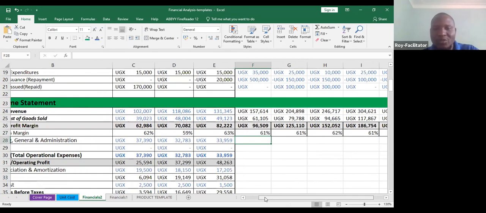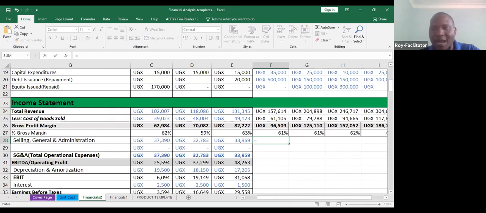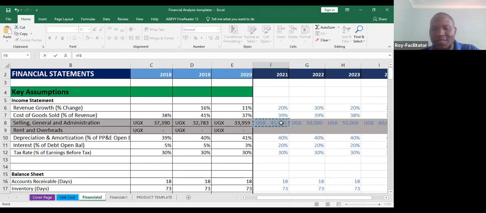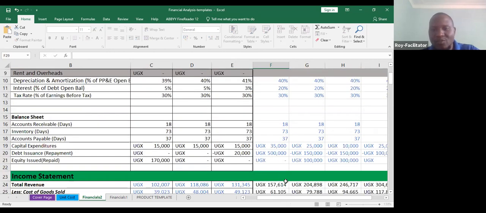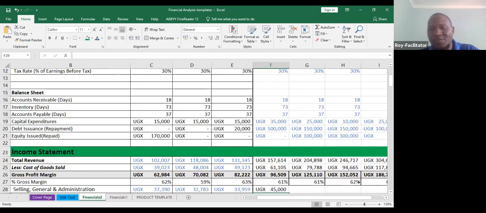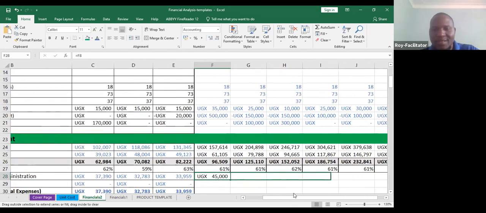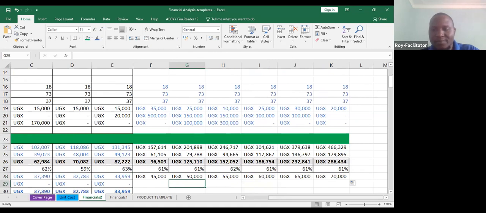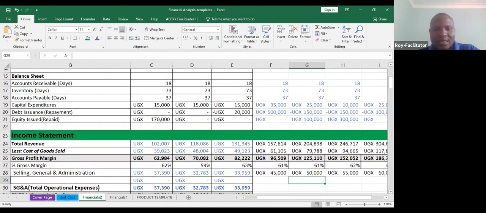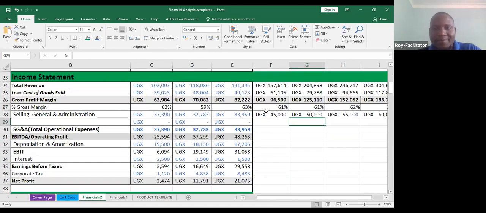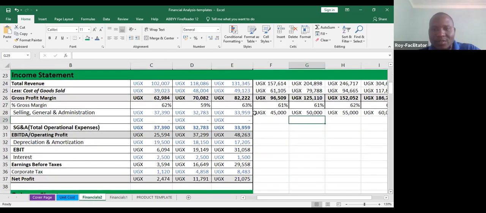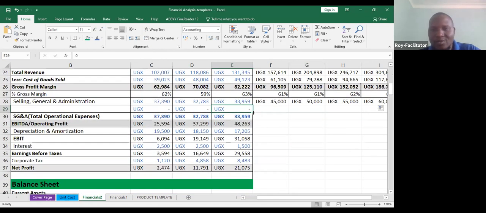Remember, we put it in the assumptions, so I'll just pick it from up there, pull it down and extrapolate, and it will pick the same for the other years. It's not a cost, so I'll just leave it at that.